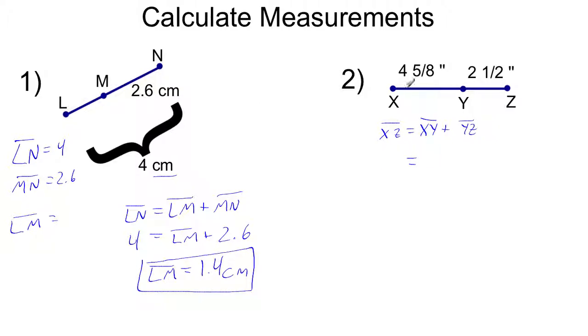So XZ, the entire segment, is equal to 4 5/8 inches plus 2 1/2 inches. For us, it's going to be helpful to change these into improper fractions.